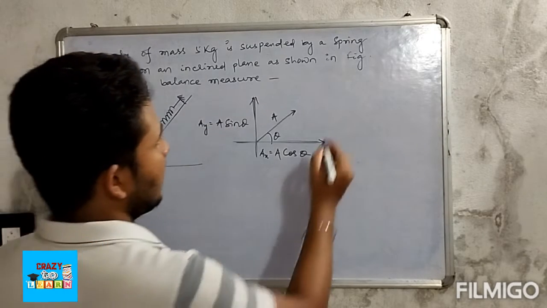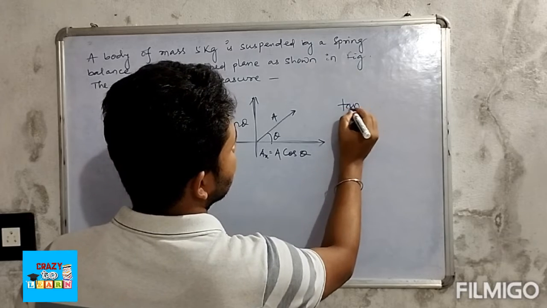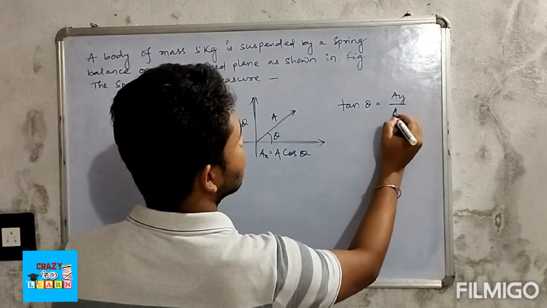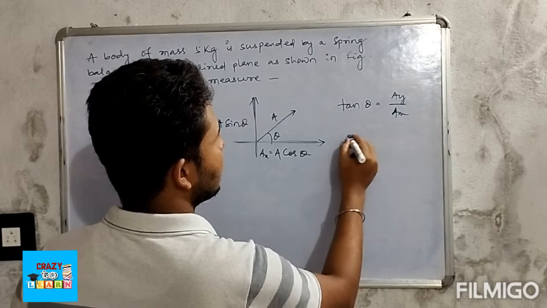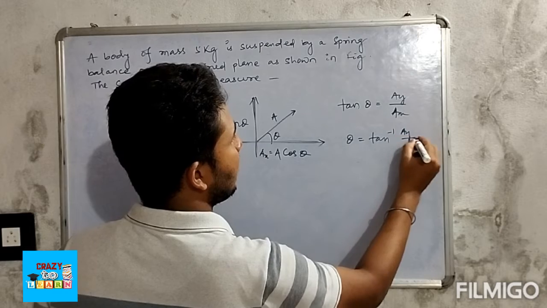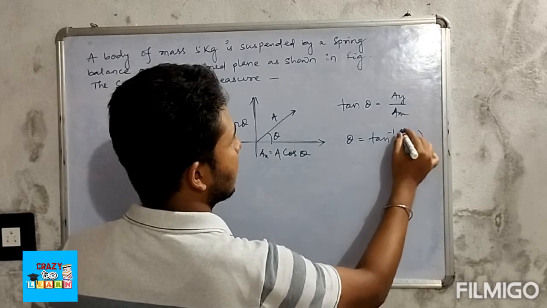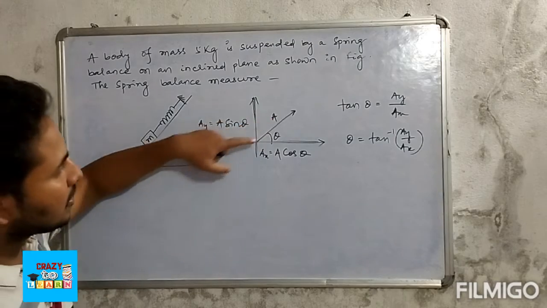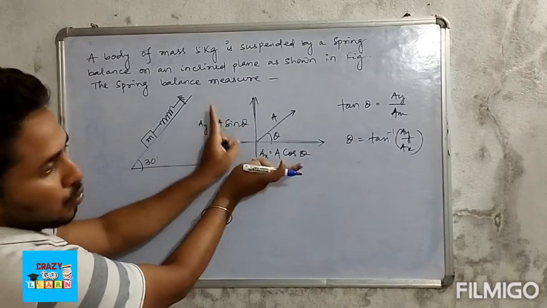Okay, and the slope tan theta is equal to Ay by Ax, and theta is equal to tan inverse Ay by Ax. Okay, so the vector A can be resolved into two vectors.